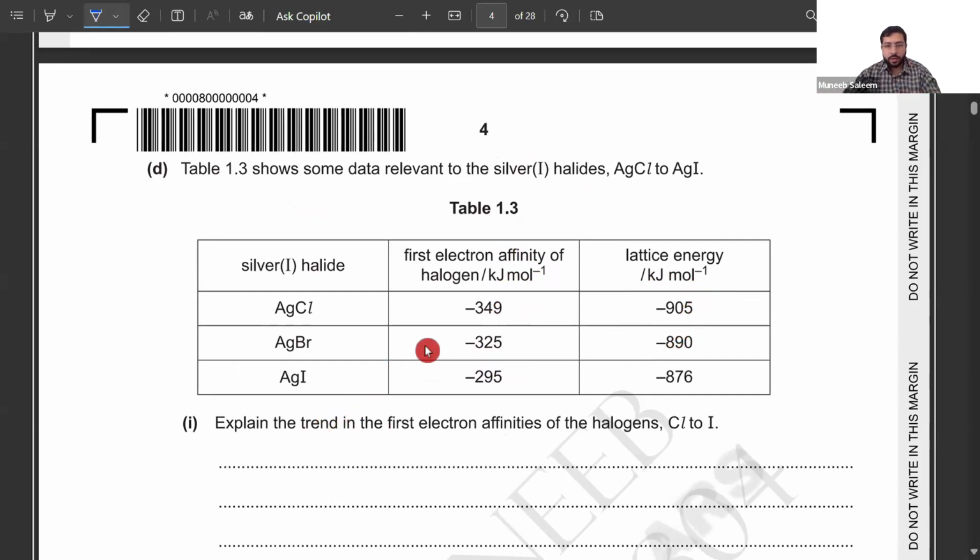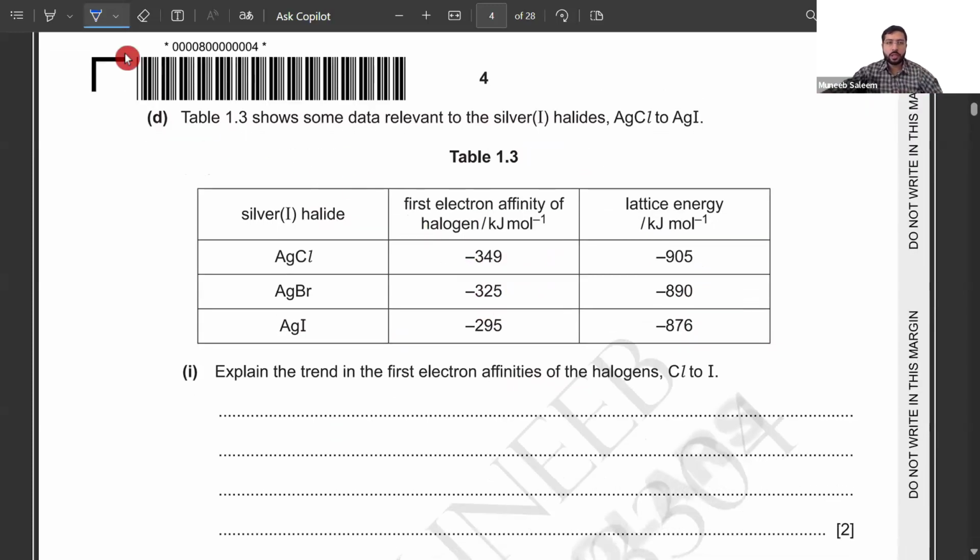We had to explain the trend of the electron affinity of halogen.